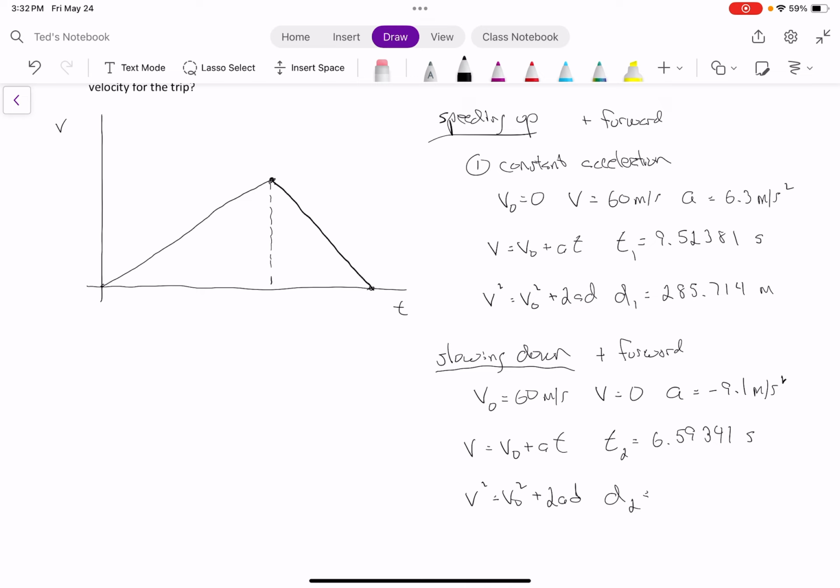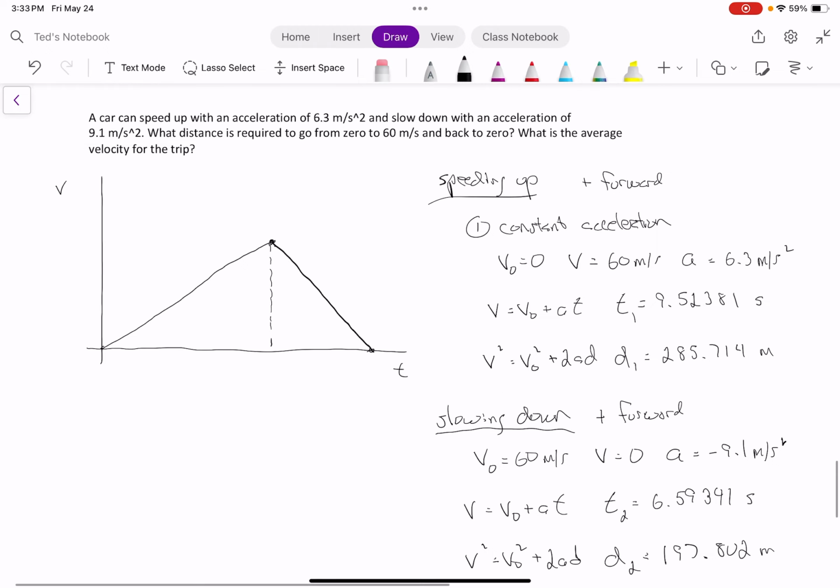We get 60 squared divided by 2 times 9.1, and we get that the distance is 197.802 meters.